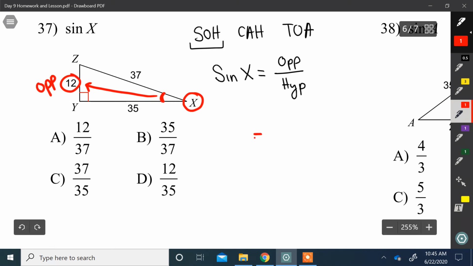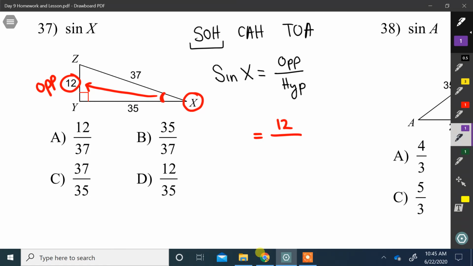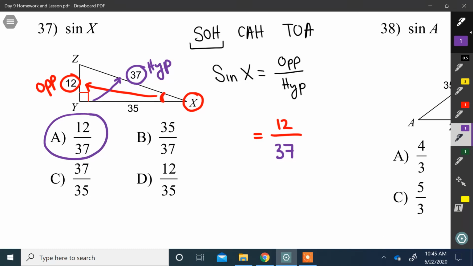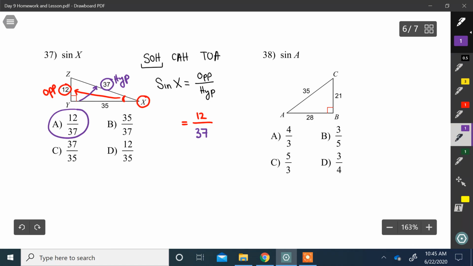So the opposite in this case will be 12 over, now let's look for the hypotenuse. The hypotenuse is always the one facing the 90-degree angle. So this right here will be my hypotenuse. So this will be 37. Do I find that in here? Yes, it's letter A. You see how simple that is? It shouldn't take you that long to do these problems.